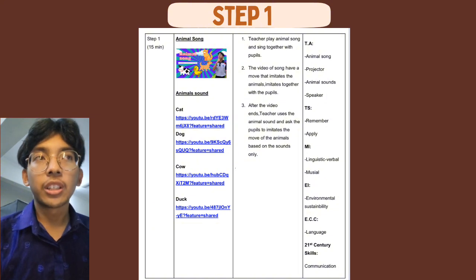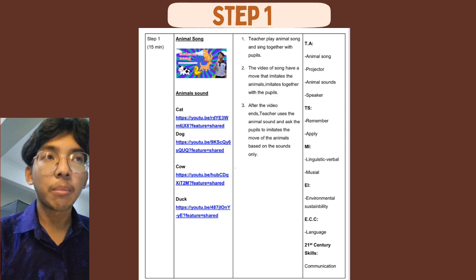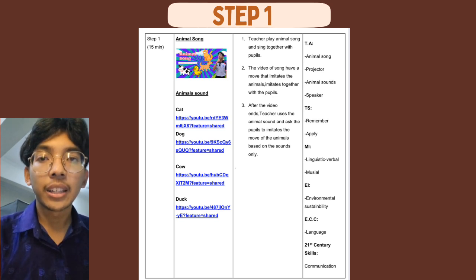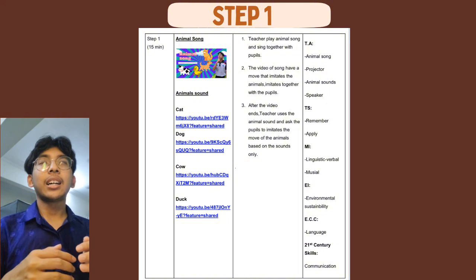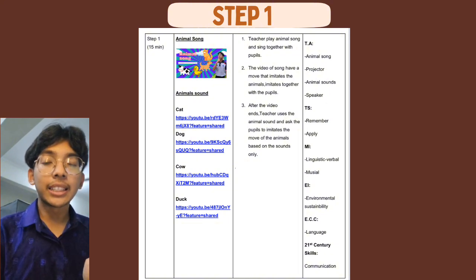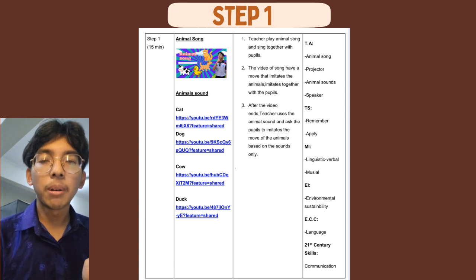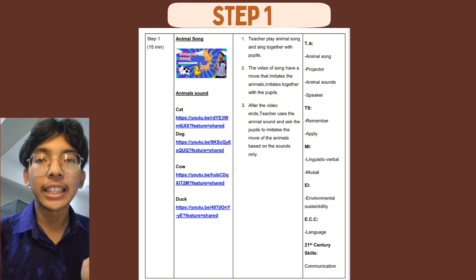The video of the song has moves that imitate the animals and the teacher needs to imitate together with the pupils. This is something that I implement because, as we said earlier, the problem can be addressed by teachers teaching with a multisensory technique.